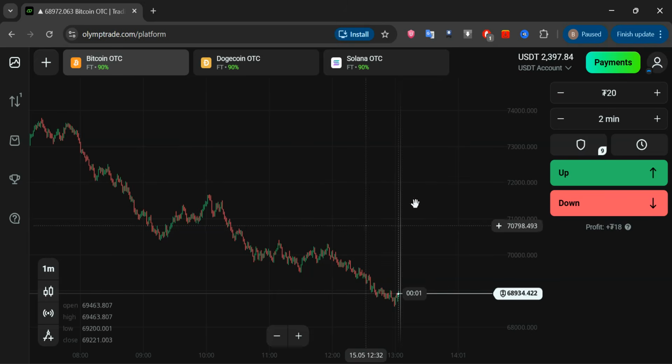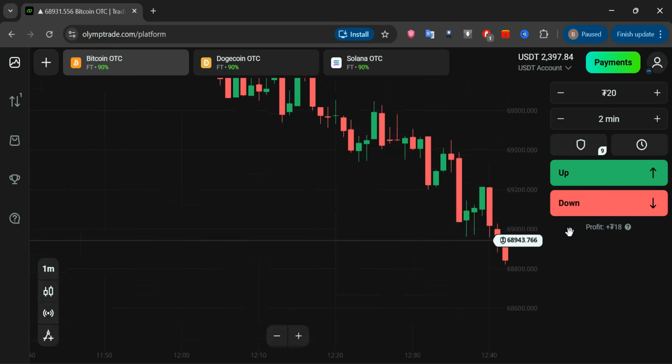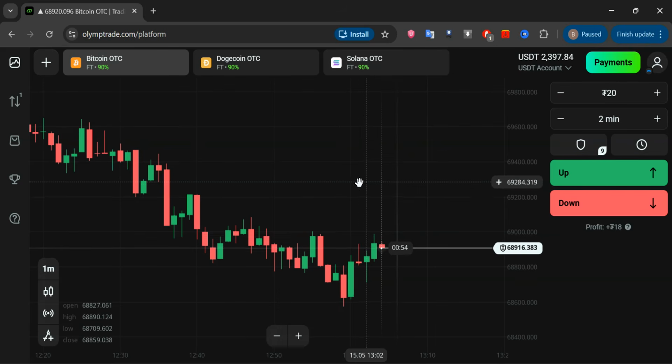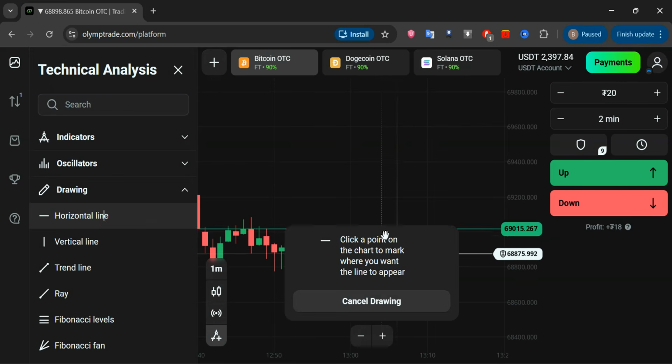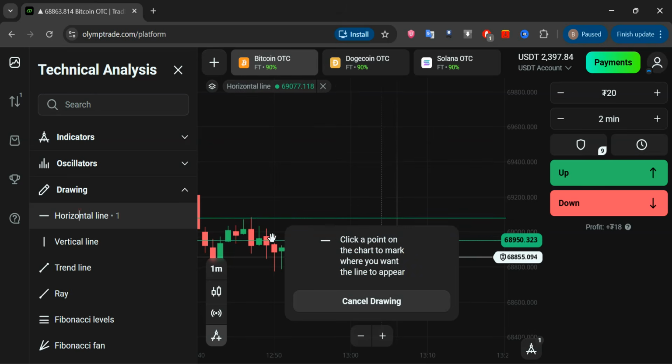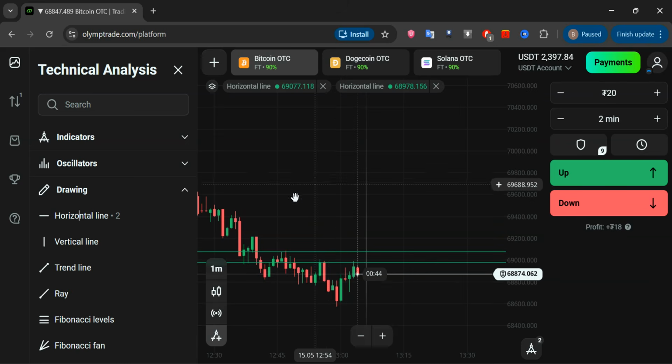On the Bitcoin, strong downtrend, so just try as much as possible to flow with the trend.